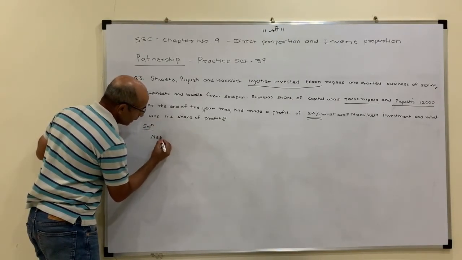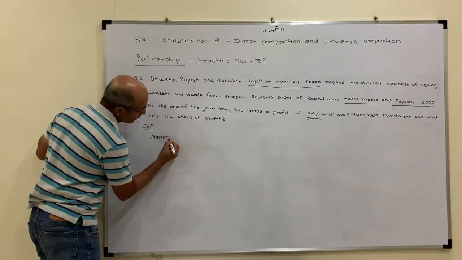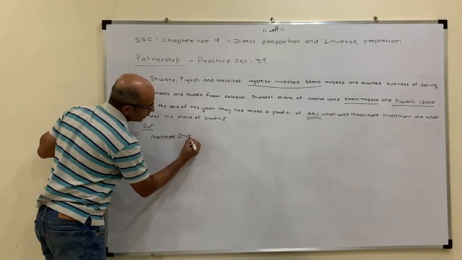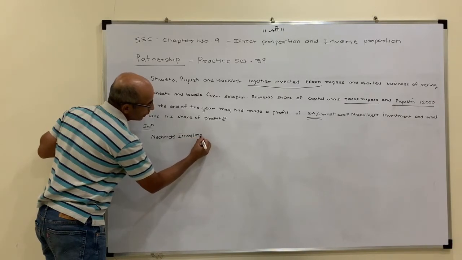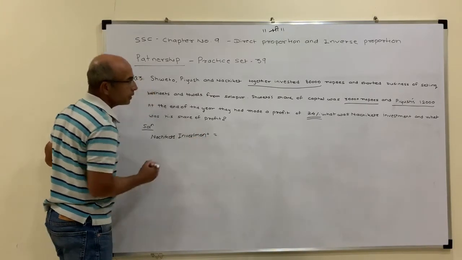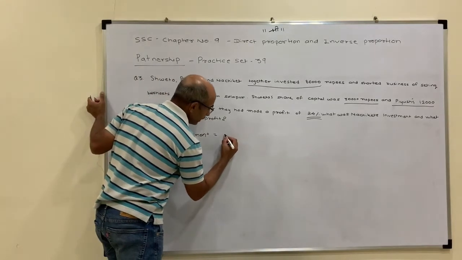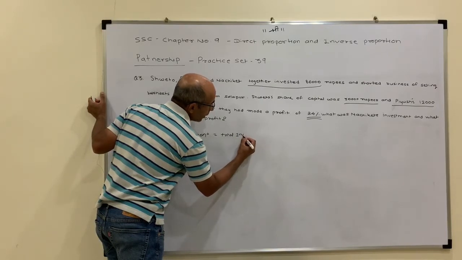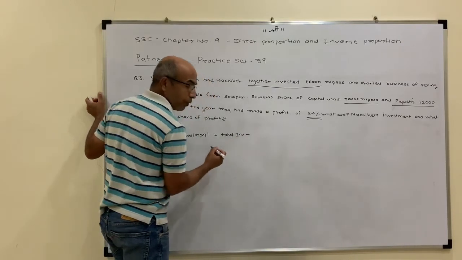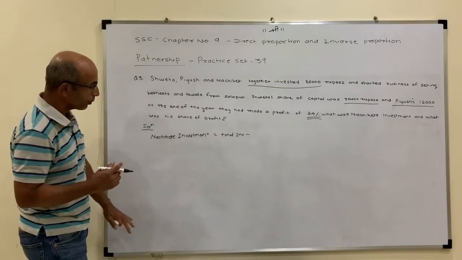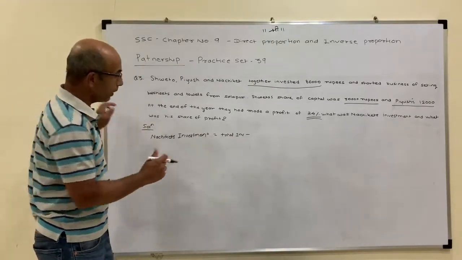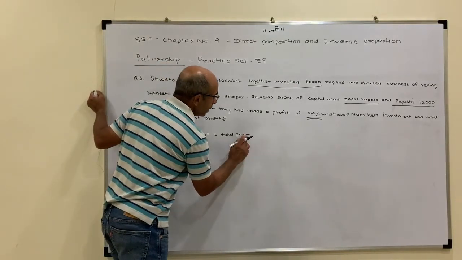Nachiket's investment equals total investment minus, now I have to put this problem solution on this one board, so I'll have to make certain shortcuts, short form.